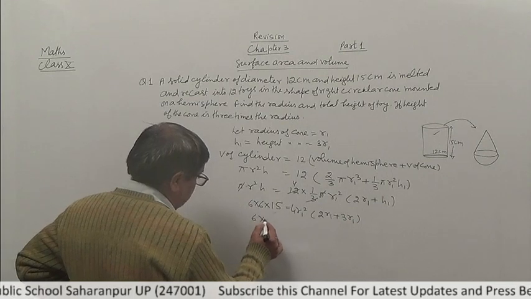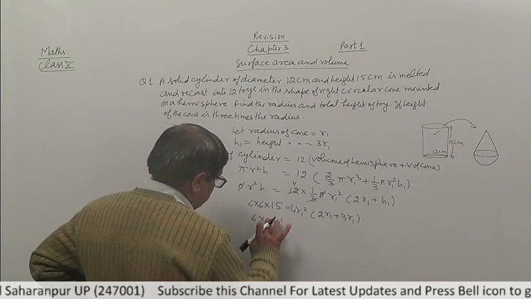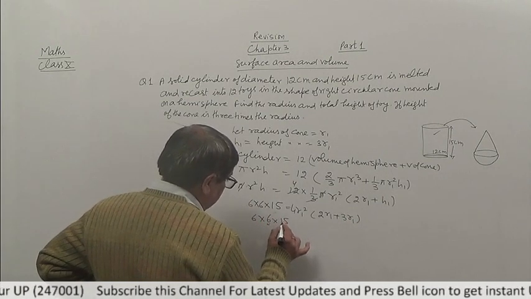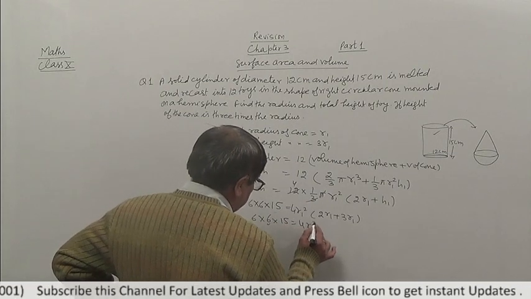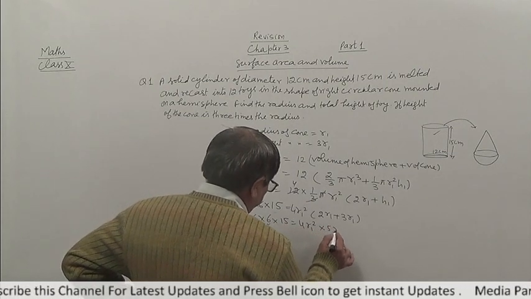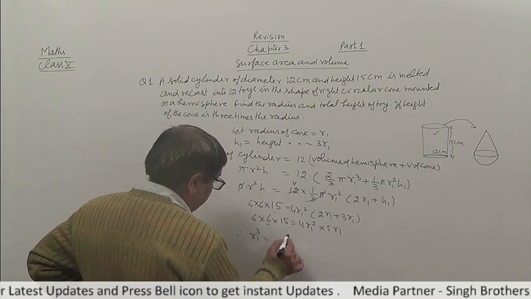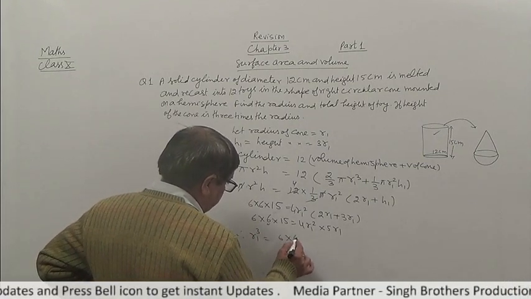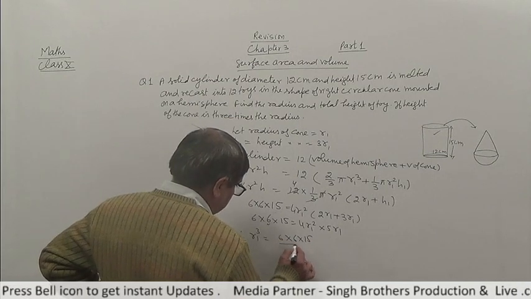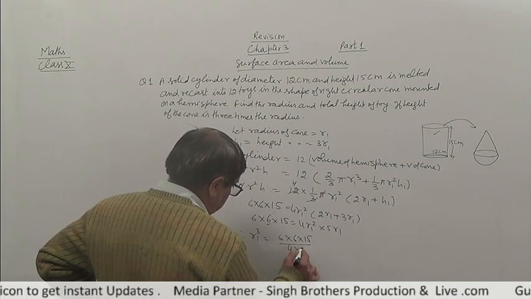So 6 into 6 into 15 is equal to 4r1 square into 5r1. Therefore, r1 cube is equal to 6 into 6 into 15 upon 4 into 5.